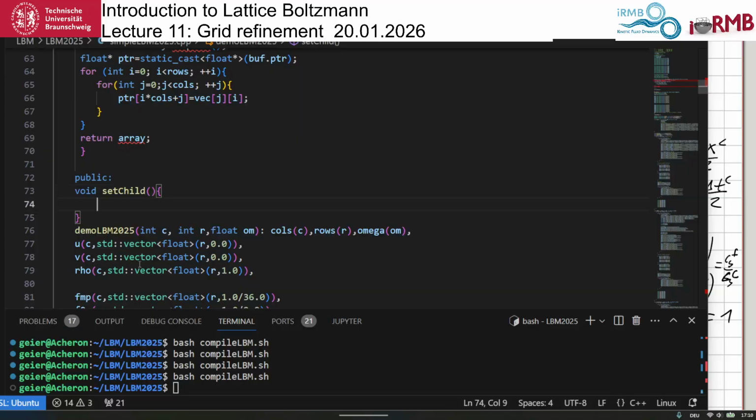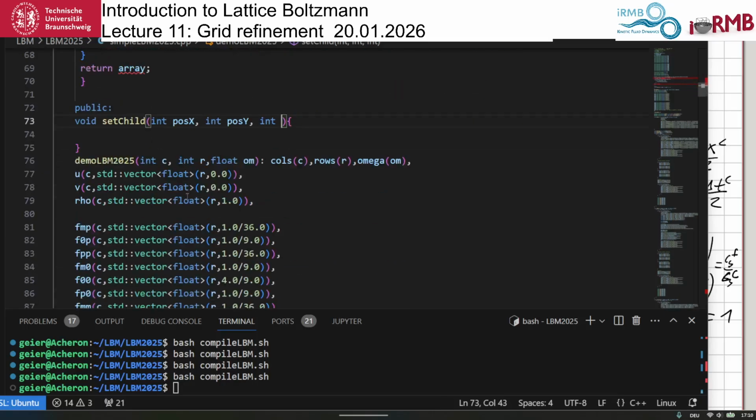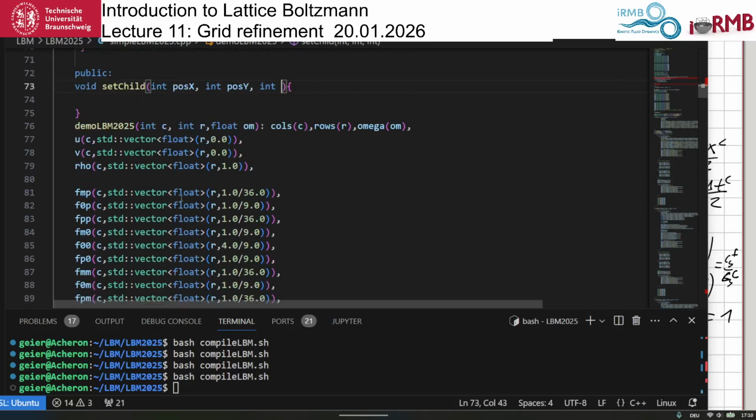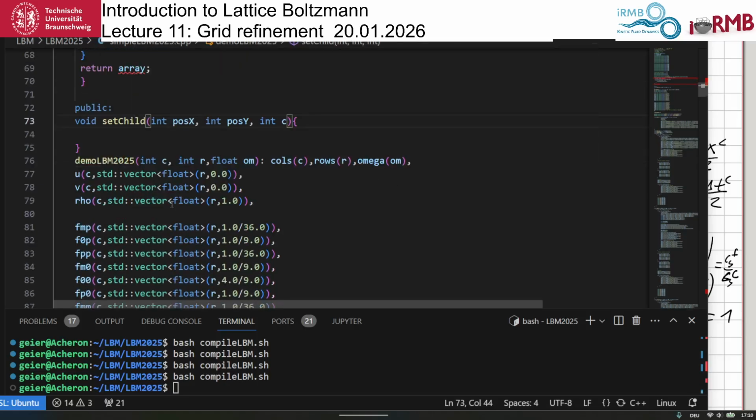So we want to generate this. What do we need? We need to know its position, so int pos x, int pos y, and we need to know its size. Okay, let's do it the same way as in the constructor. Oh yeah, here's the constructor, with int C and int row.